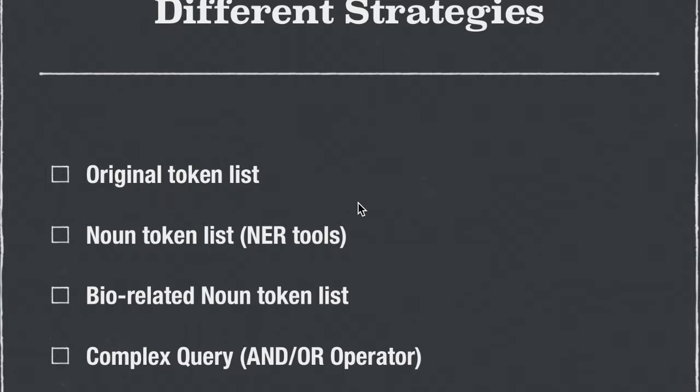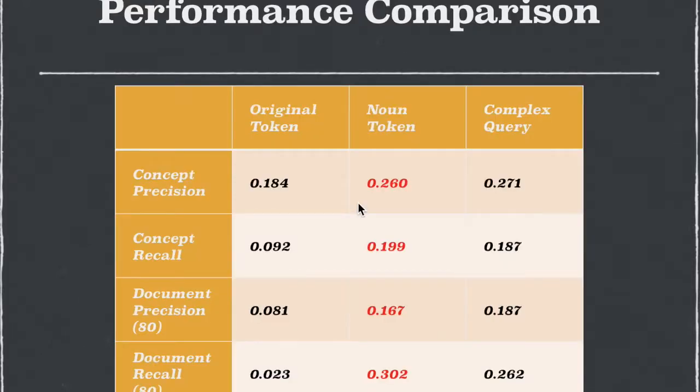We also use multiple operators to build complex queries. We tried different ways to do this, like only using the AND operator, only using the OR operator, or using AND and OR operators together. Let's look at the performance comparison.